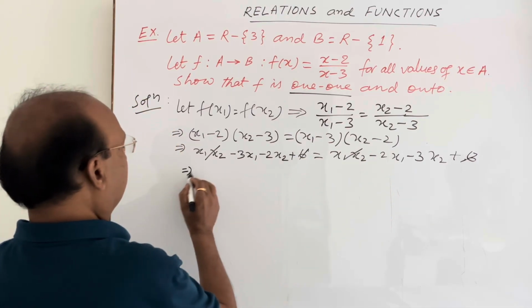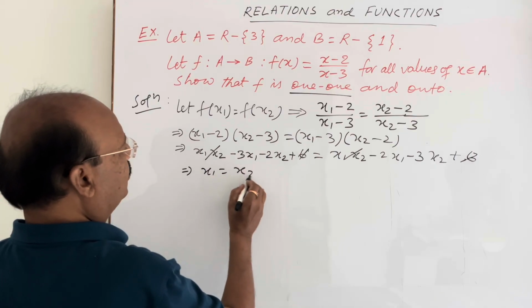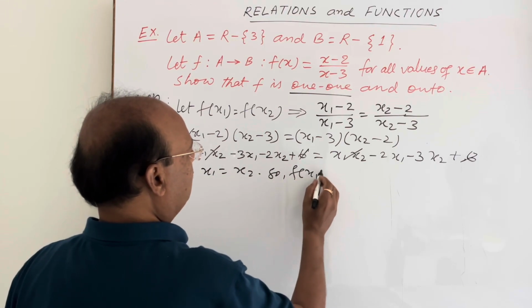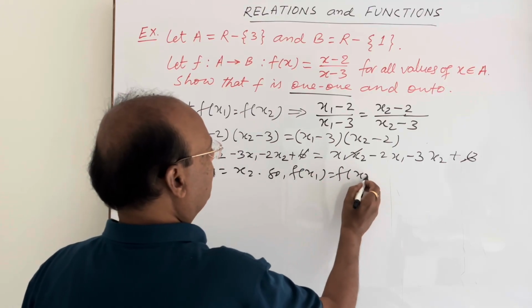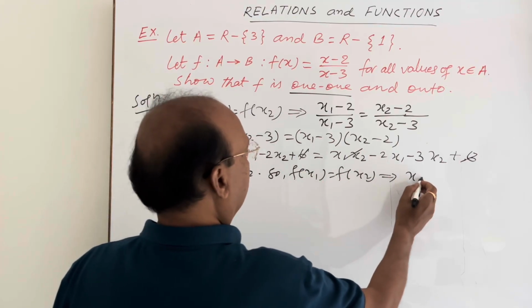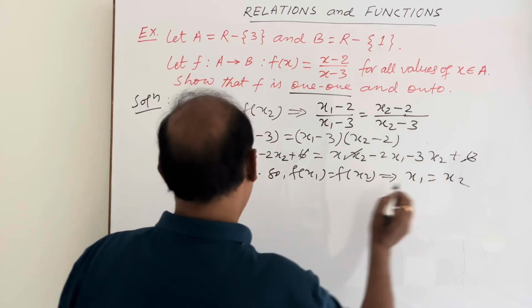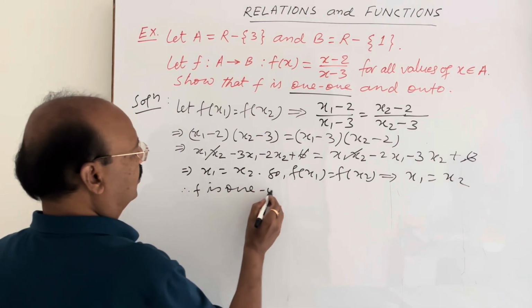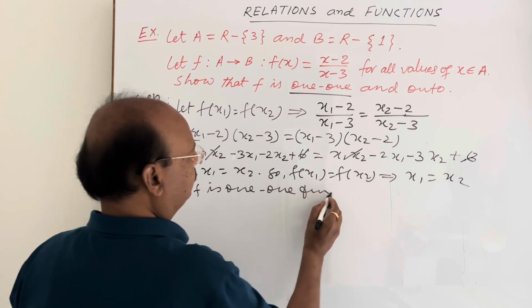So we are getting x1 is equal to x2. So here f(x1) is equal to f(x2) is implying that x1 is equal to x2. Therefore, function f is a one-one function.